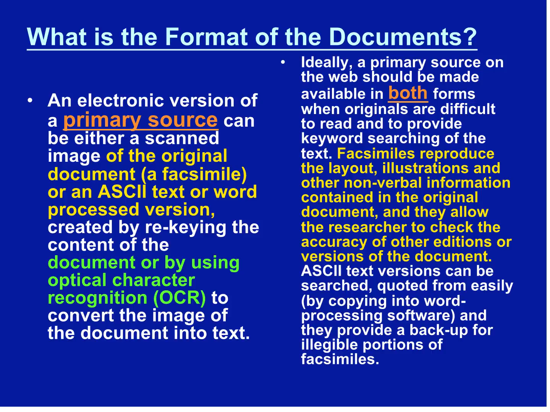documents. An electronic version of a primary source can be either a scanned image of the original document, which is called a facsimile, or an ASCII text or word processed version, created by rekeying the content of the document or by using optical character recognition, OCR, to convert the image of the document into text.